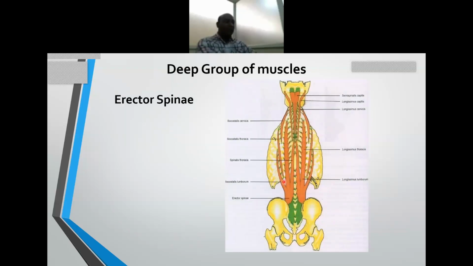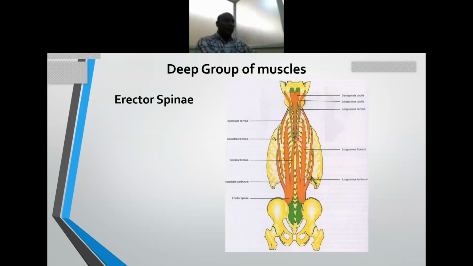Okay, then erector spinae is a group of three longitudinal muscle bundles, which includes the spinalis in the middle or most medial. Then you have the longissimus, which is slightly intermediate, and the iliocostalis, which is the lateral-most.